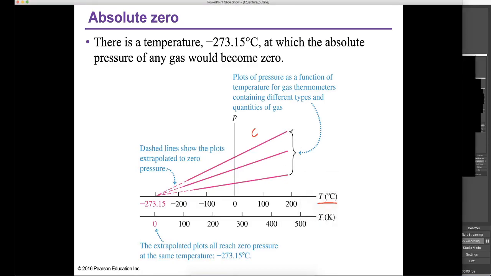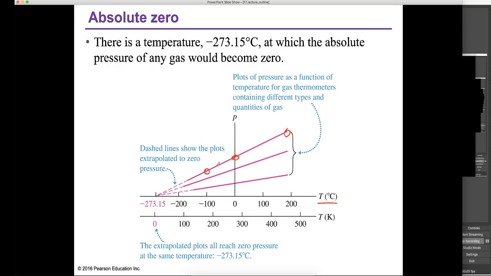Now let's see this line. At this point, you have some high temperature, so the pressure is also high. If you lower the temperature to 0 Celsius degree, you will measure the pressure of the gas is lower, and if you lower the temperature to even lower degrees, the pressure will also get lower.